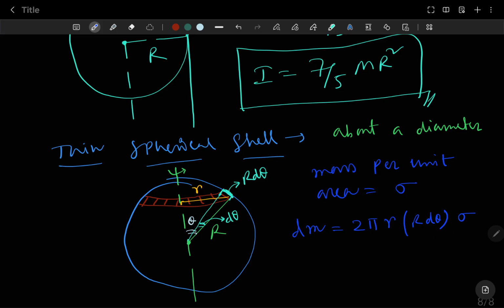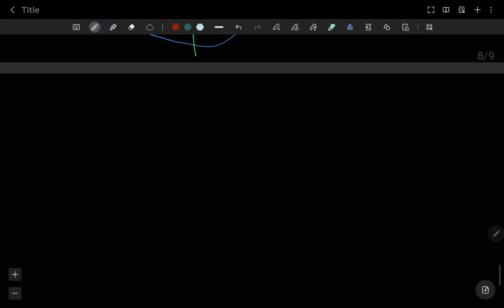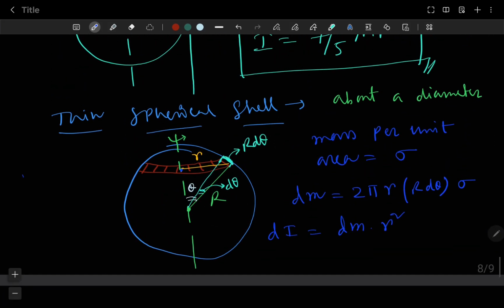Now say the moment of inertia of this ring about such an axis passing through its center of mass will be dI is mr square, that is dm into r square, right? Now put dm here. Let's say the total mass is m.